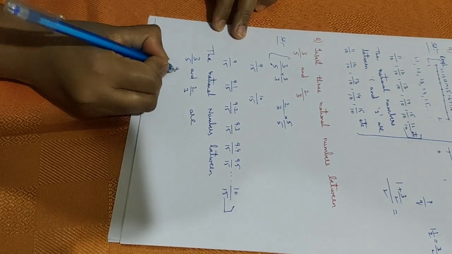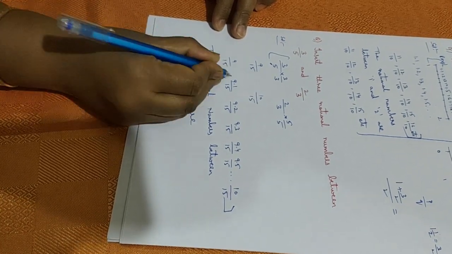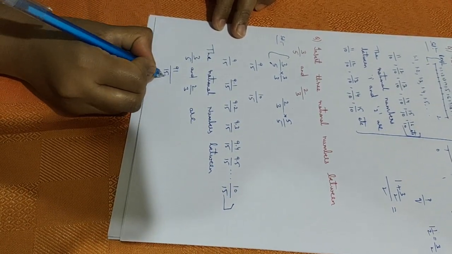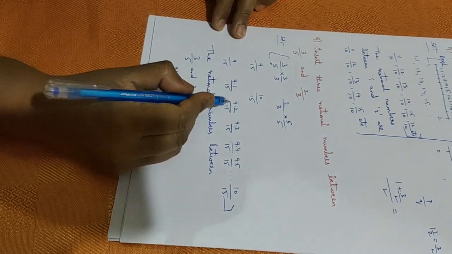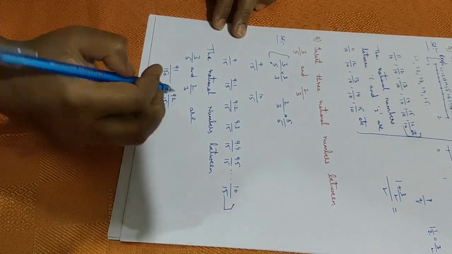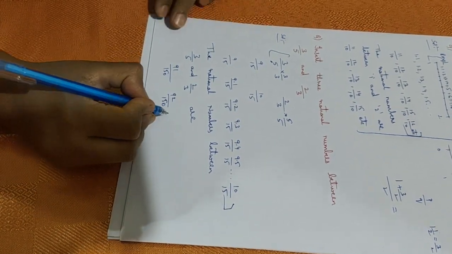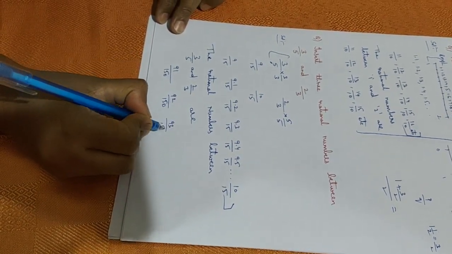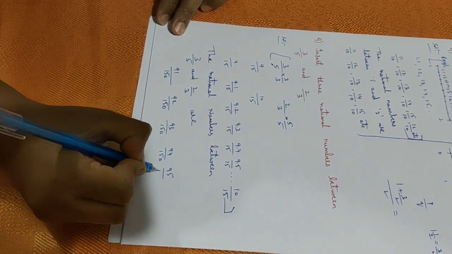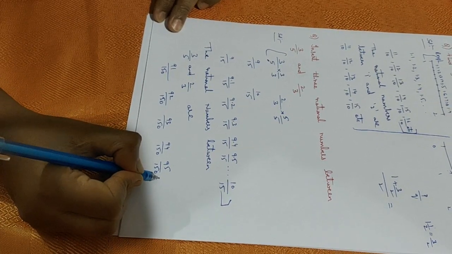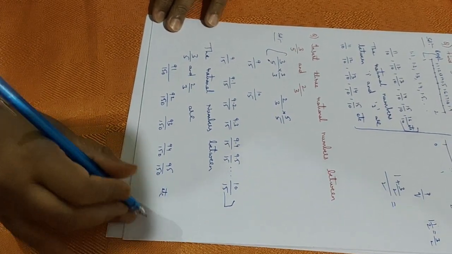I cannot write it as a decimal, so I am converting it into fraction form. If I remove the decimal, I'll get 91 by 150, then 92 by 150, 93 by 150, 94 by 150, 95 by 150, etc. Here we have to write only 3, so I am writing it.